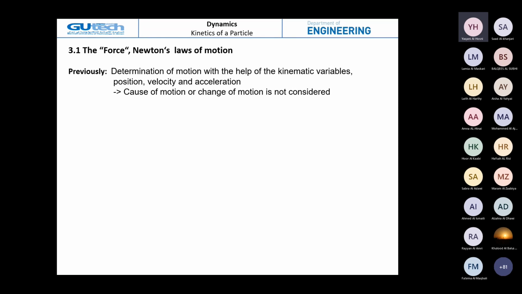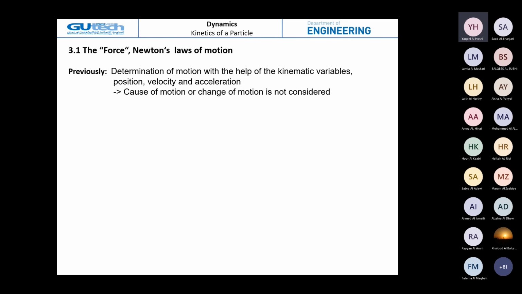But you never consider this zero, whether the body or the car or any mechanical system really moves. If it moves, it means it's not zero. This is what we will see.